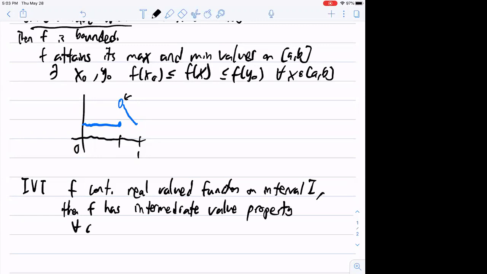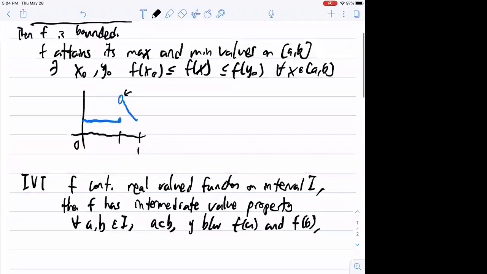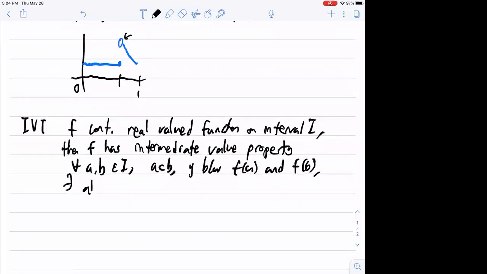It means for all a, b in I, a less than b, and y between f of a and f of b, there exists at least one x in [a,b] such that f of x is y.